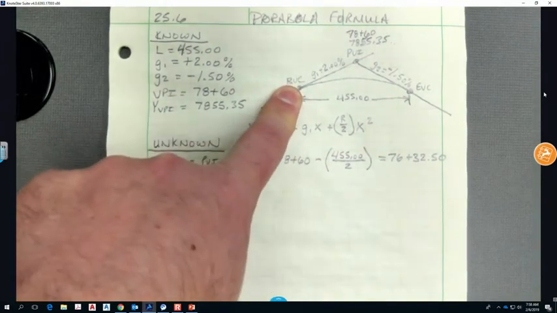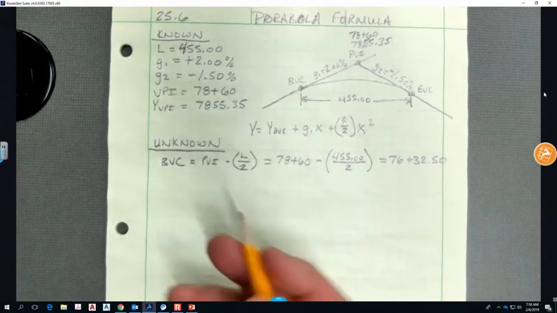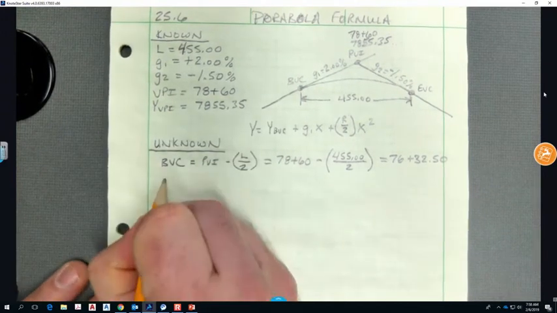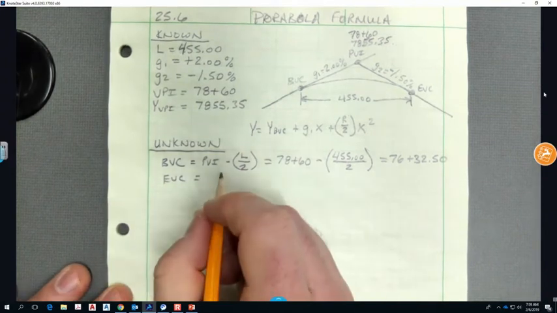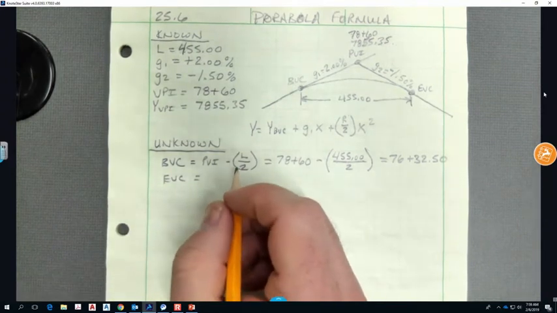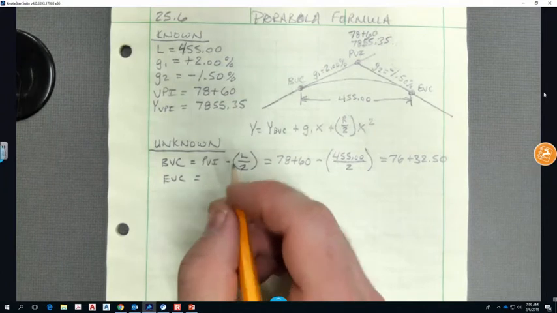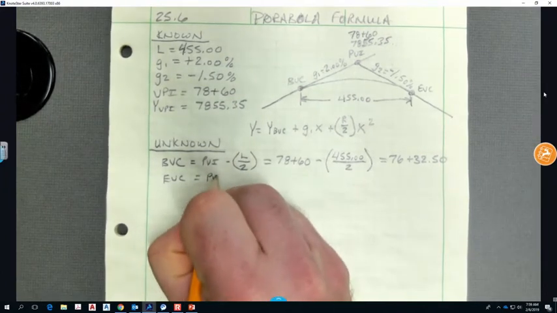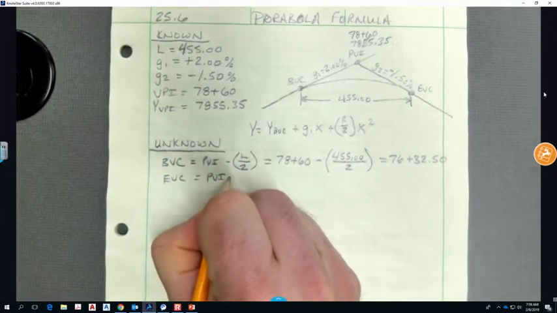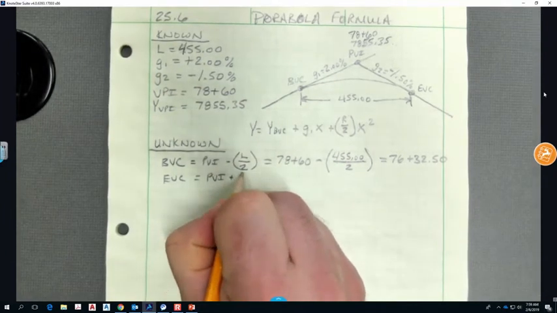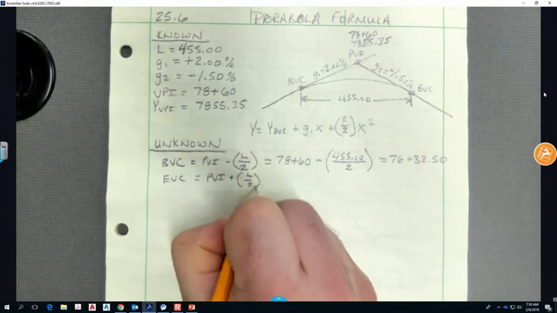All right. Now we can solve EVC next. So EVC is equal to the PVI plus L over 2.